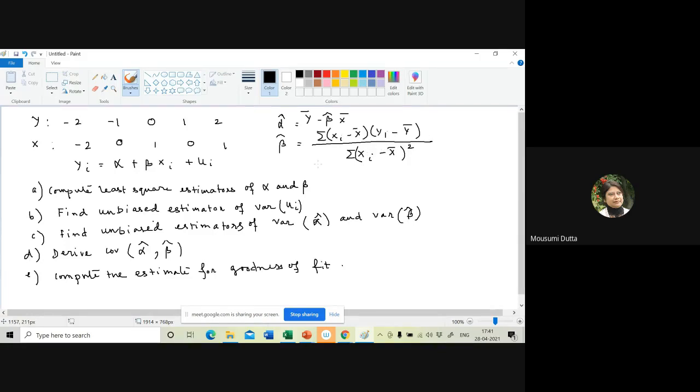Given these two formulas and given the data on x and y, we have to prepare a table for question number 1.